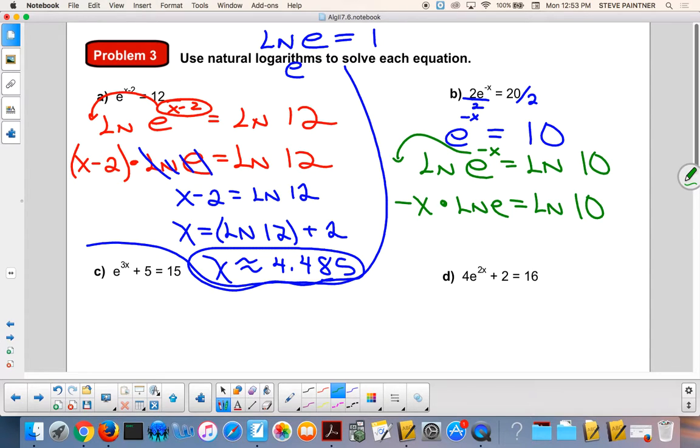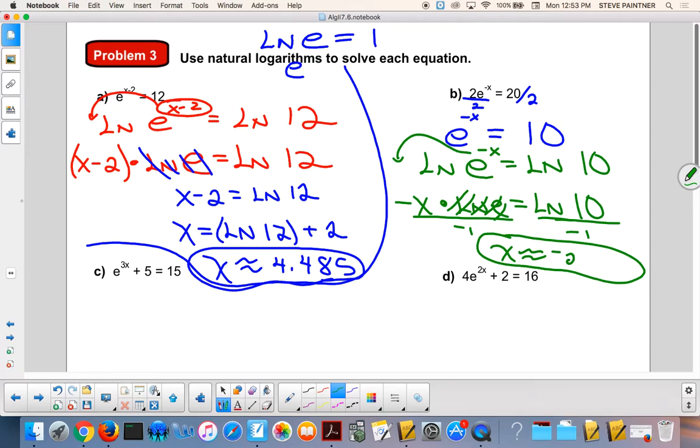Yeah, 1. If the natural log of e is 1, why am I writing this out? It's just 1 times negative x, which is negative x. What do you do? Yeah, divide by negative 1. So the answer becomes basically whatever that is. 2.303.